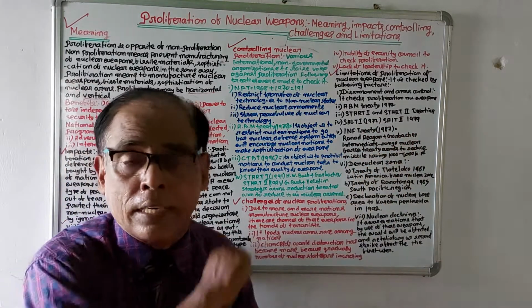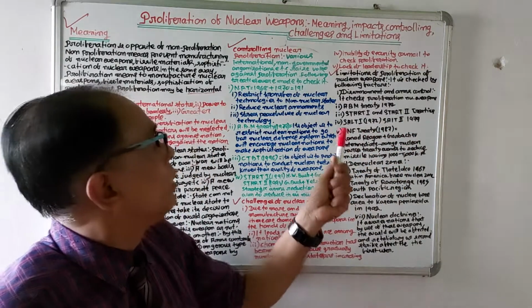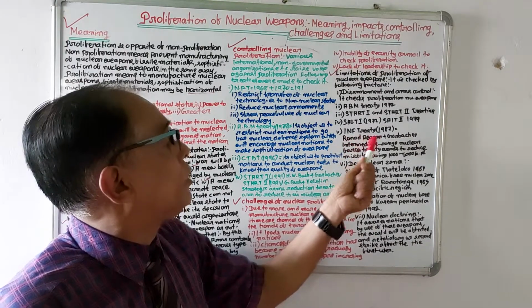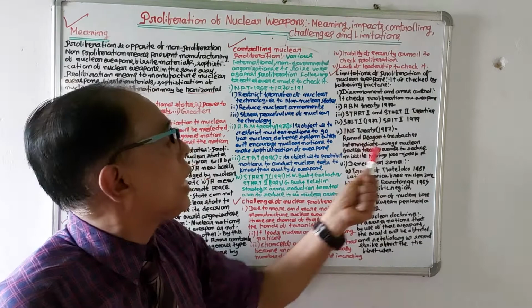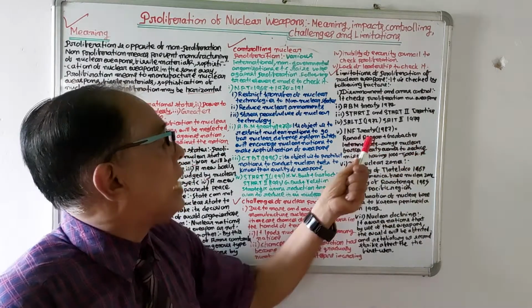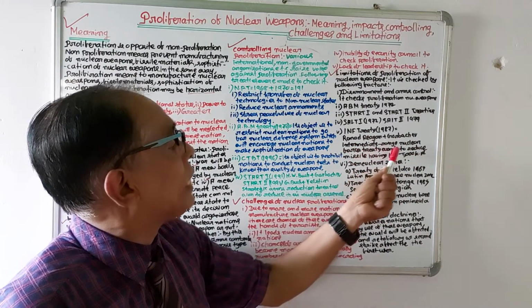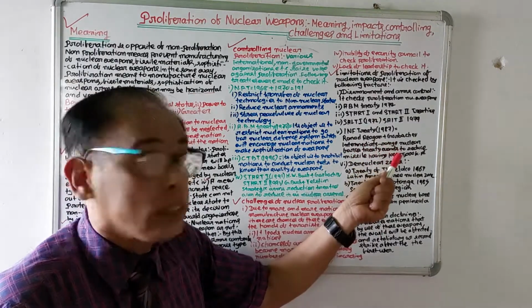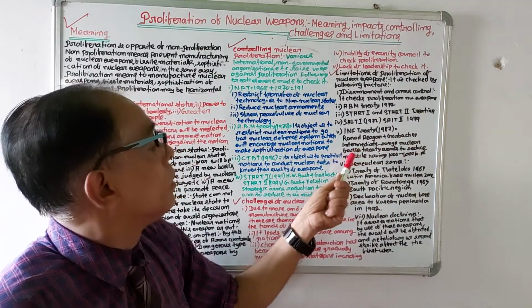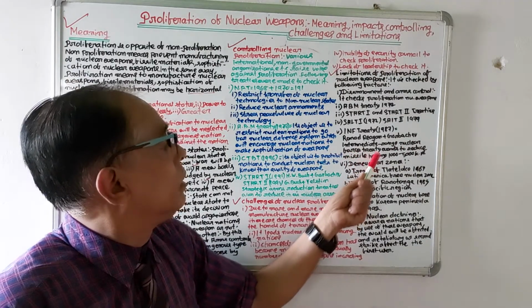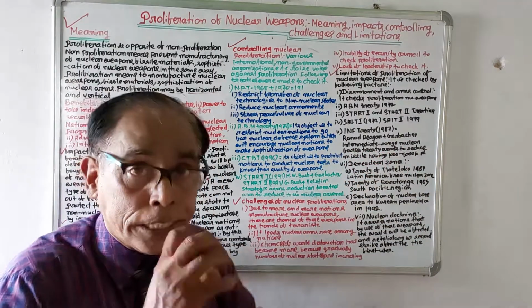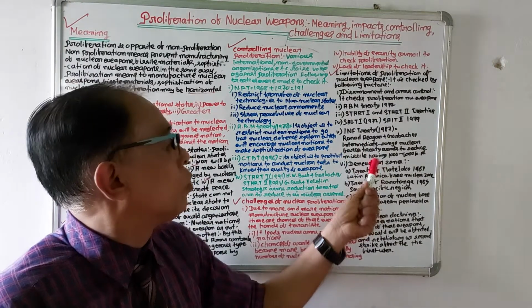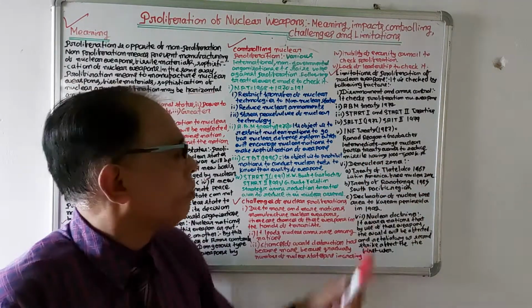They are also a check on the proliferation of nuclear weapons. Then the INF treaty. It was signed in 1987 by Ronald Reagan and Gorbachev. INF means Intermediate Range Nuclear Forces Treaty. It wants to reduce missiles having range 1000 to 5000.